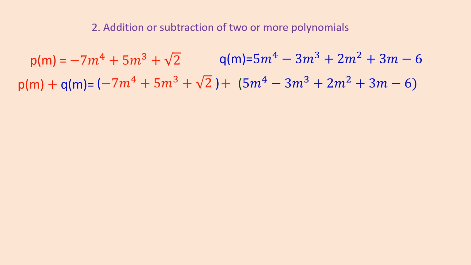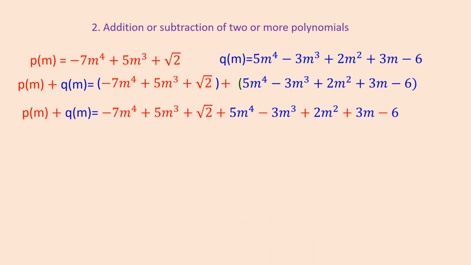Therefore, when I open the bracket, what will I get? P of m plus Q of m equals, first bracket without change, it will come down: minus 7m raised to 4 plus 5m cube plus root 2, and the second bracket: plus 5m raised to 4 minus 3m cube plus 2m square plus 3m minus 6.